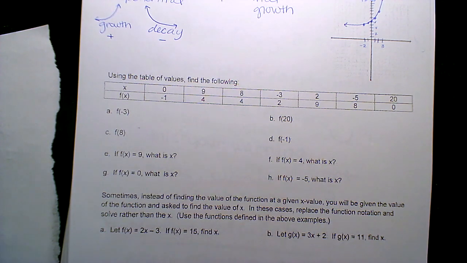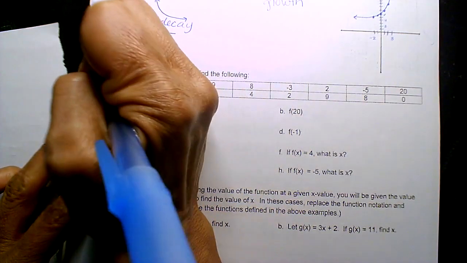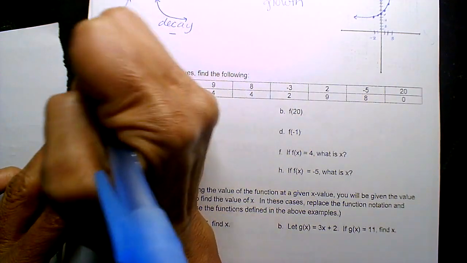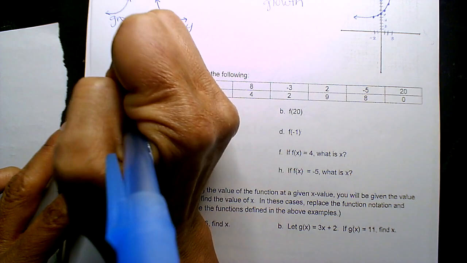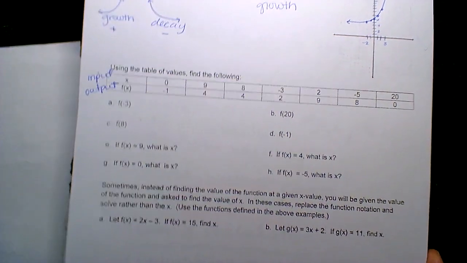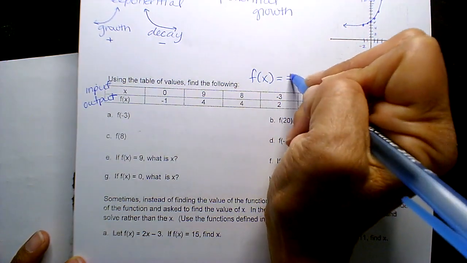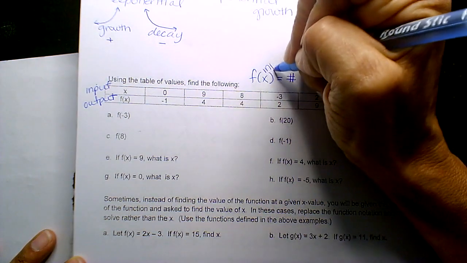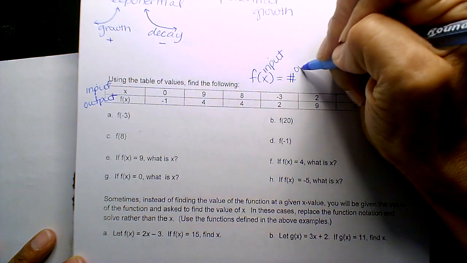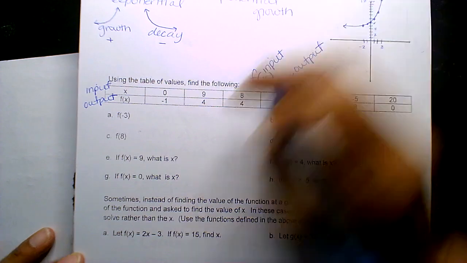Okay, so here's what I mean. This is your input. This is your output, okay? So when you guys are looking at f of x, and you get a number, this is your input, this is your output.